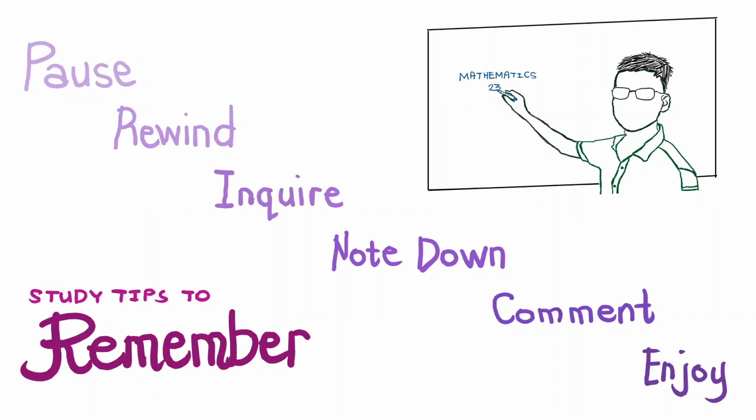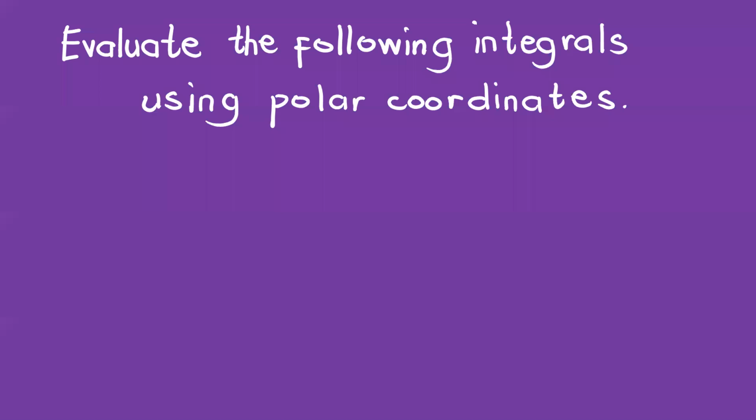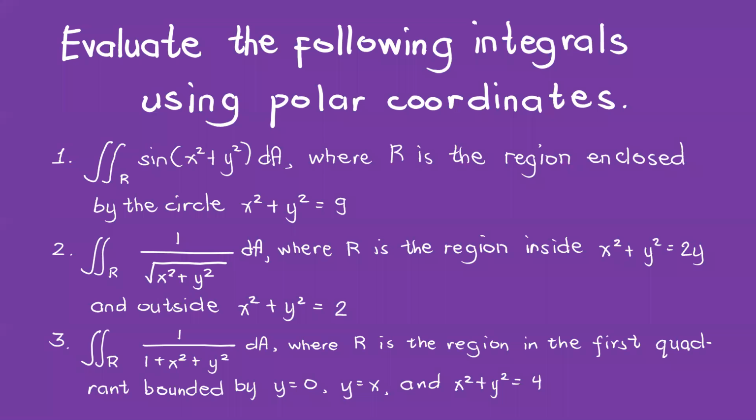Okay ba yun? Let's go to the first set of our exercises. Here, we want to evaluate the following integrals using polar coordinates. So, given tayo ng region of integration natin. Anong gagawin natin dito? We implement a three-step approach for a more organized solution. Ano yung tatlong steps na yun?